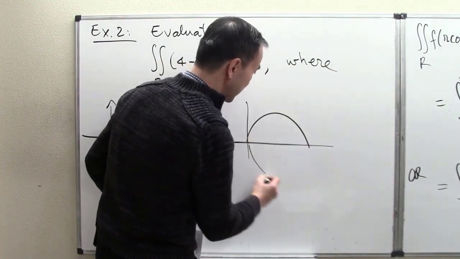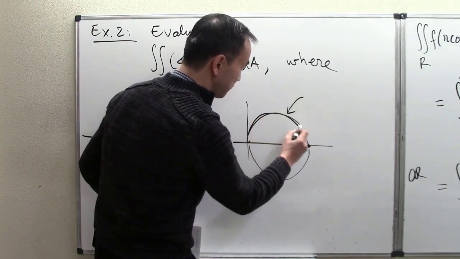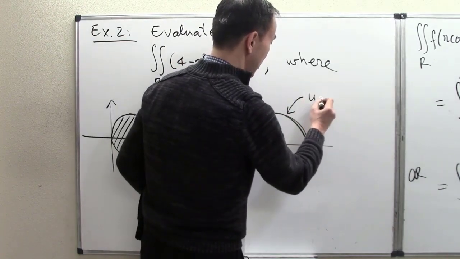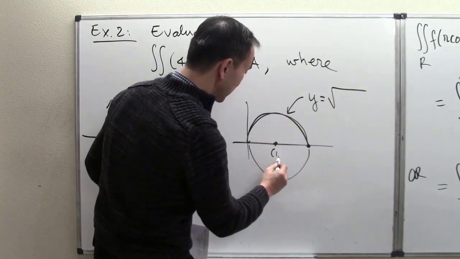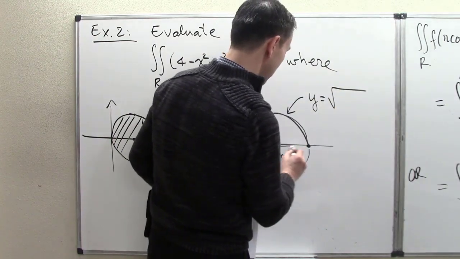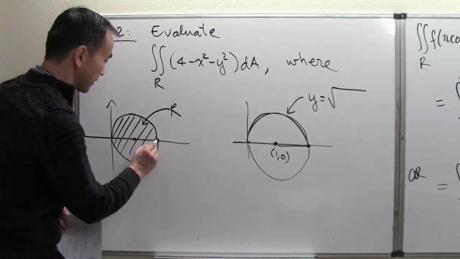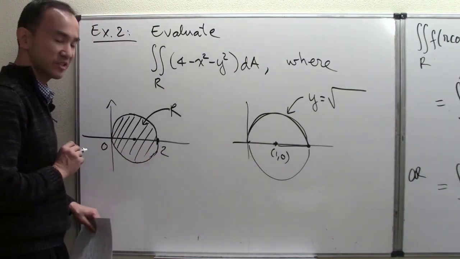We can recognize that we can break it down as one curve above right here. This upper dome is a picture of y equals positive. See, the center of the circle is at 1, 0, and its radius is 1 here, of course, according to the picture. So it's 2 out here, and 0, 0 out there. I should have had that.